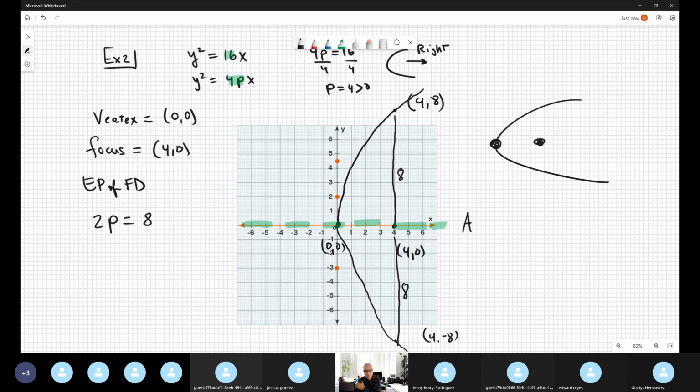The equation of the axis of symmetry is y equals 0. And the directrix is x equals -4 because p is 4, entonces es -4. Directrix, I suppose, using my imagination, it's like that. It's the line x equal -4, the directrix.